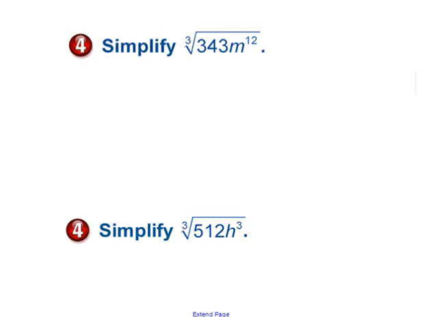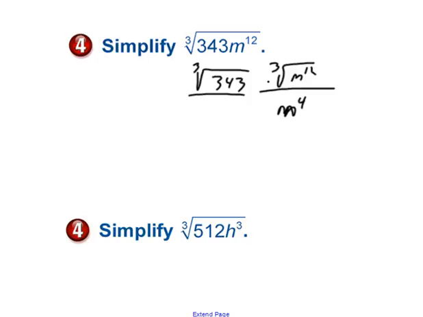Simplify the cube root of 343m to the 12th. Well, that's the cube root of 343 times the cube root of m to the 12th. Well, let's do m to the 12th first. m to the 12th would be m to the 4th. 343, I'm going to turn to my calculator and see what the cube root of 343 is.